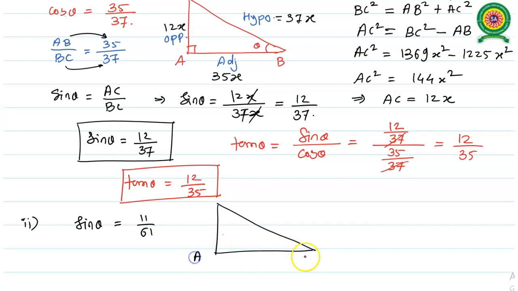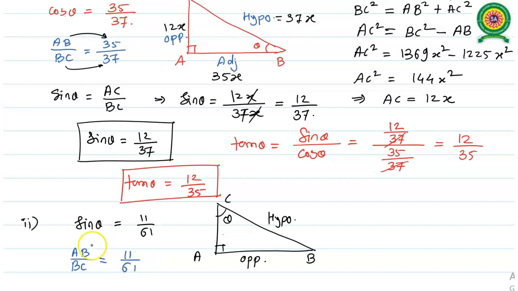Suppose ABC is the right-angled triangle whose angle C equals θ. With respect to θ, the opposite side is AB and the hypotenuse is BC. So sin θ equals opposite upon hypotenuse, that means AB divided by BC is 11/61.